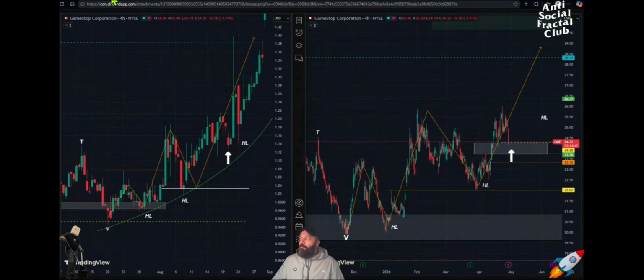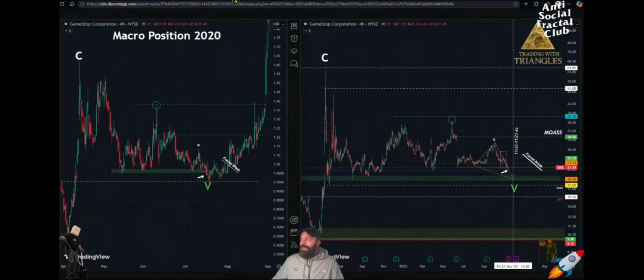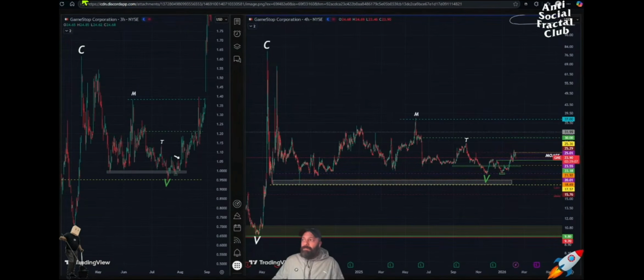MOASS. What makes it MOASS? Because what I just walked through is not just a GME thing. In the Discord, we have done this for literally years now on multiple tickers. The idea of MOASS, mother of all short squeezes, is where you have all these converging cycles of different tickers converging to the same jet test moment.